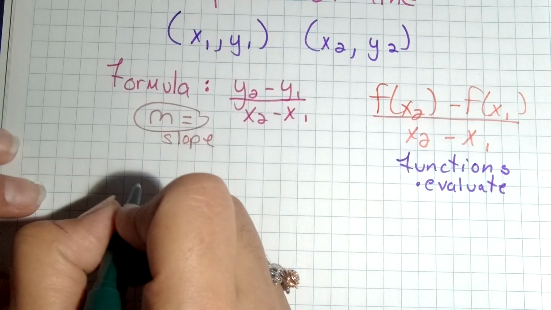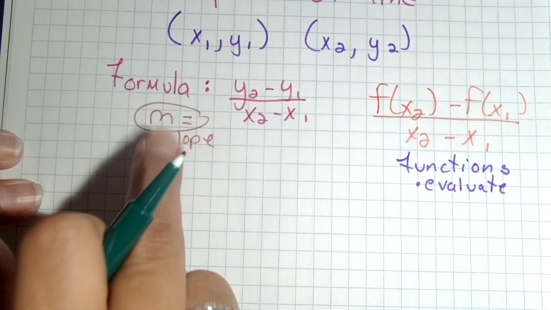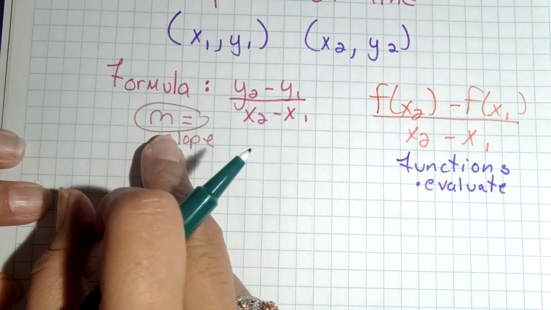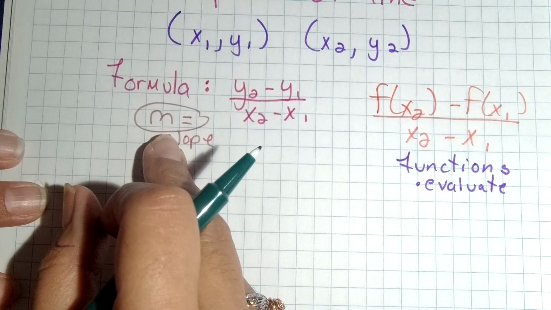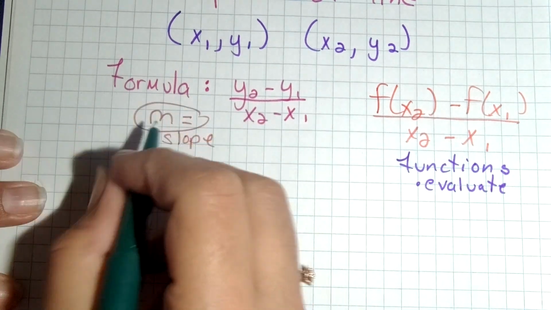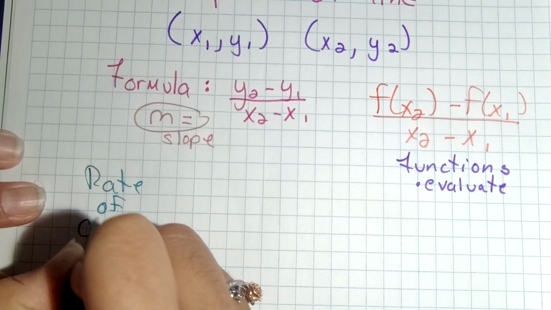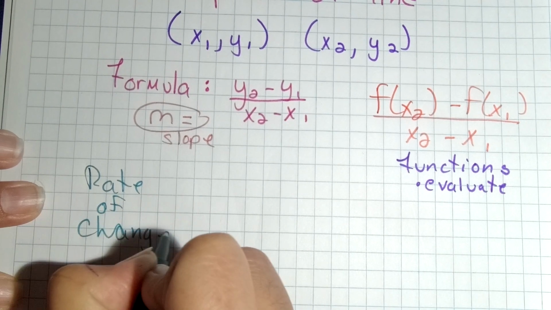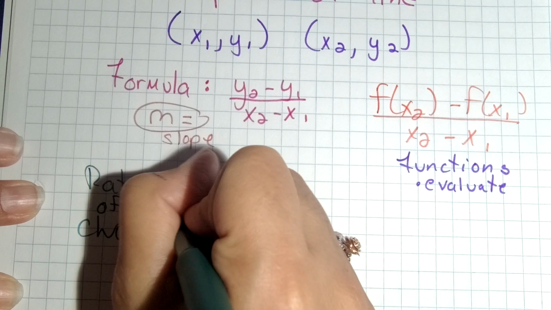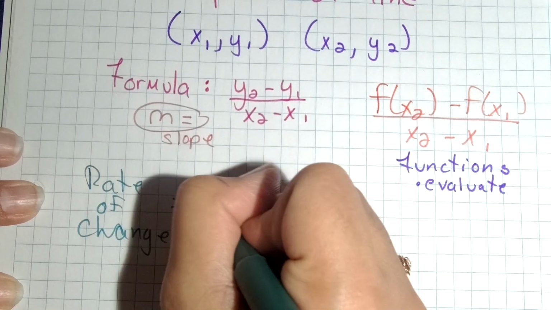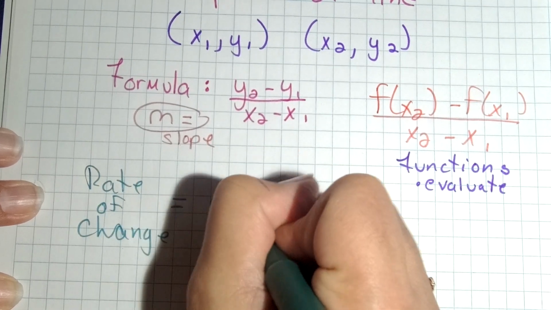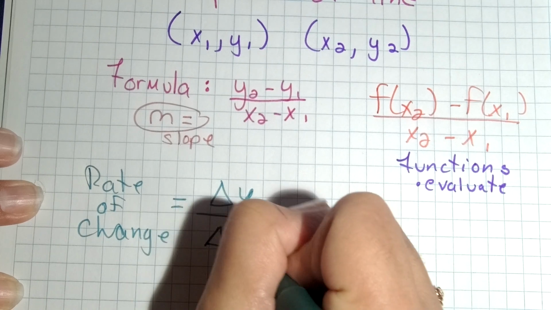And in calculus, we don't use slope, like I said, because slope implies that it is a straight line. So for rate of change, we use the following symbols: delta y over delta x.